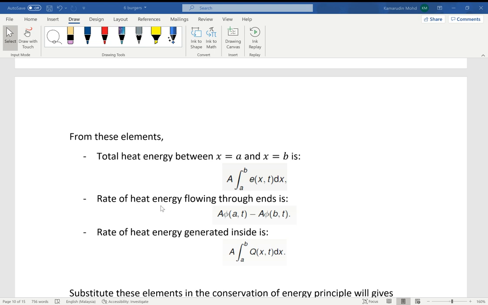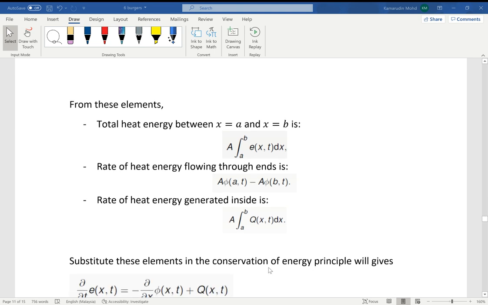So the rate of heat energy flowing through the ends is given as A phi at point A minus A phi at point B. And then the last term, related to the heat energy generated, is A times the integration from A to B of Q dx. Now these three elements we will substitute into the conservation of energy principle.